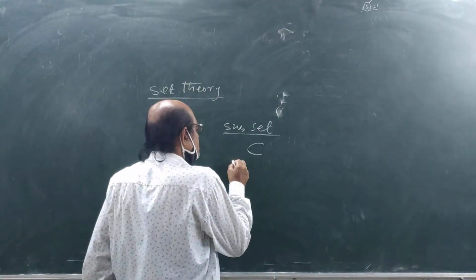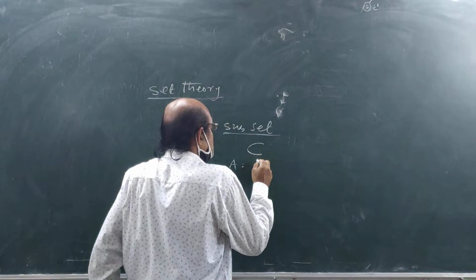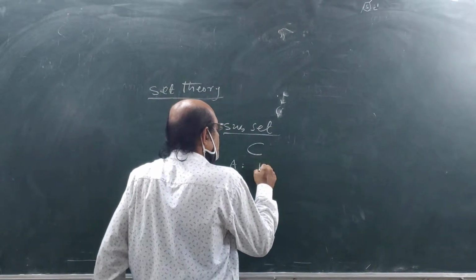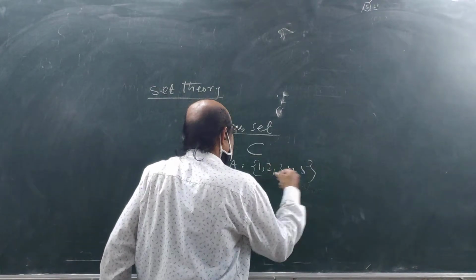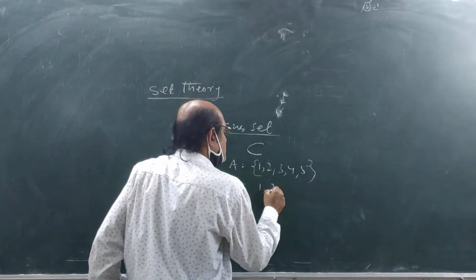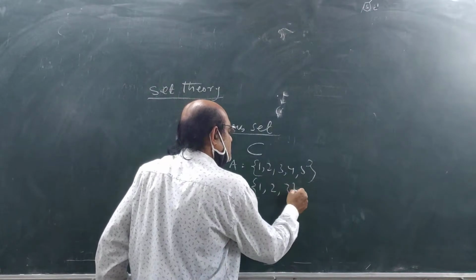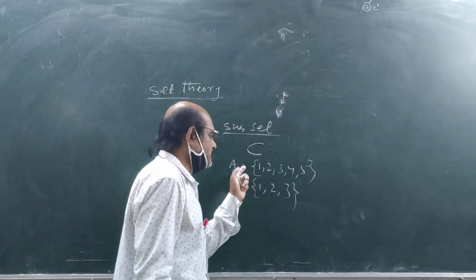For example, A is equal to {1, 2, 3, 4, 5} and B is equal to {1, 2, 3}. Here, what is the relationship between A and B?